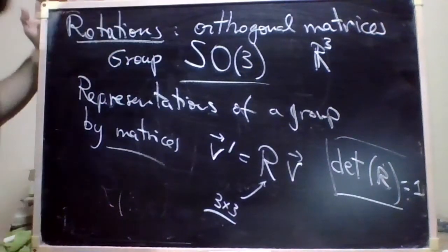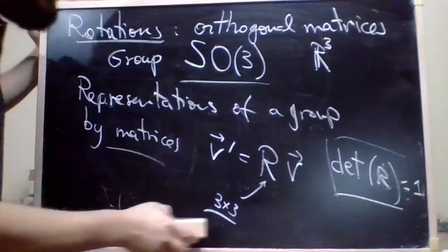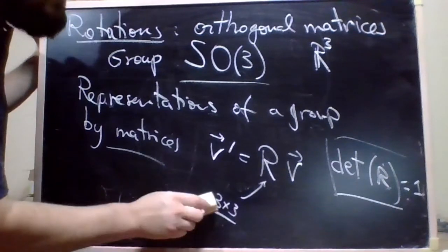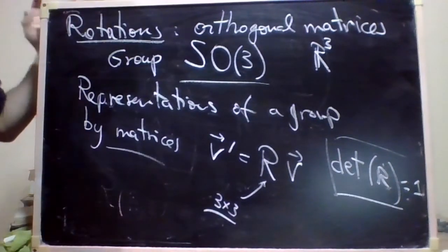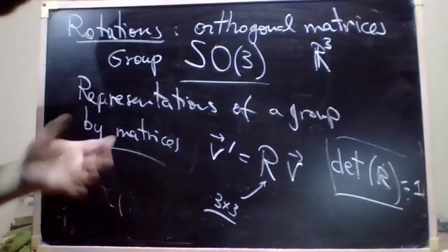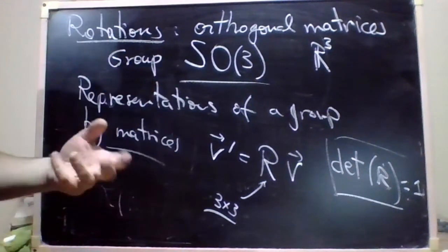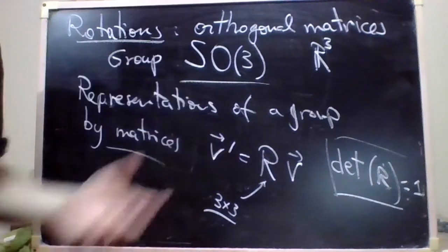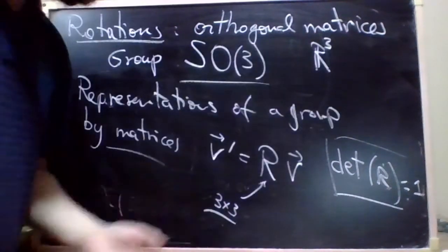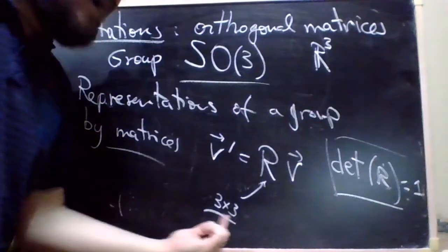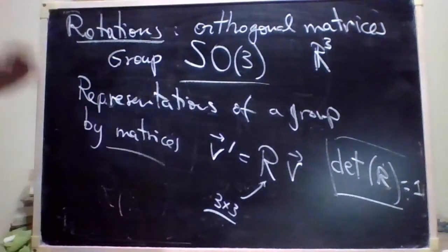But there are other representations which are not by using 3 by 3 matrices. All right? It seems a little bit weird to say that you can represent vector rotations using something in 3-dimensional space which are not 3 by 3 matrices, but it is possible.